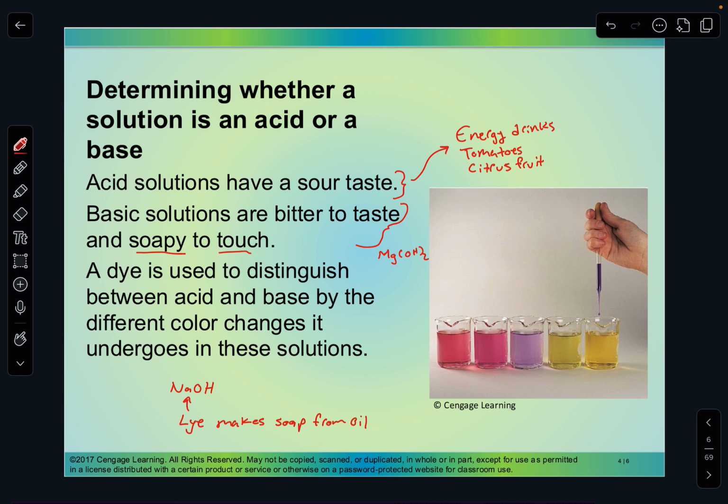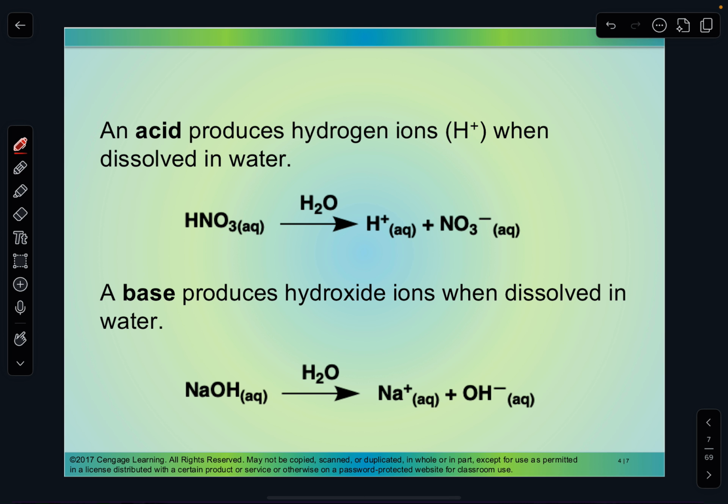So the oil on your skin is going to react with basic ingredients, and you're going to get soap on your skin. And to tell whether we have a solution that is acidic or basic, we use things called indicators, which is a type of dye that's used to distinguish it. It's going to change color depending on what kind of acidity or basicity it has.